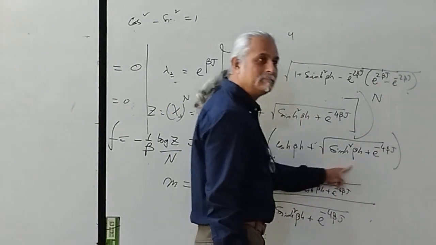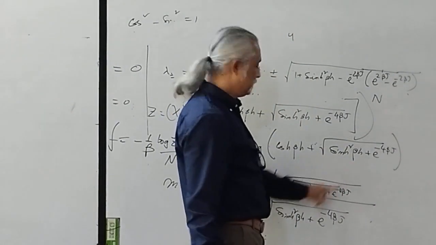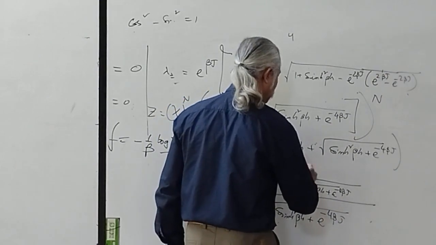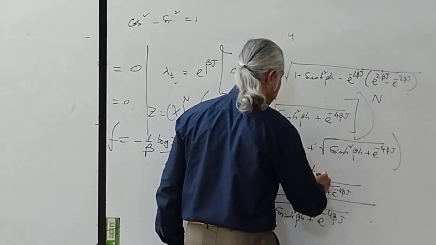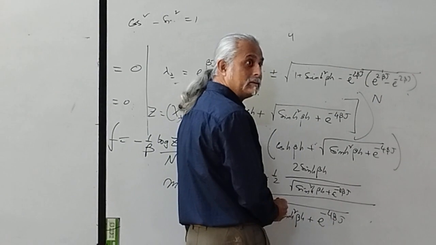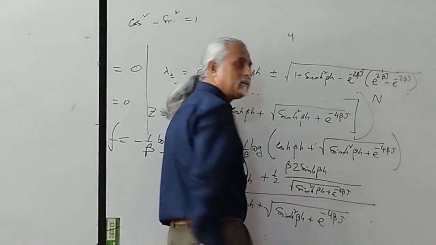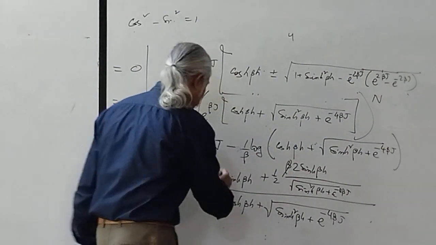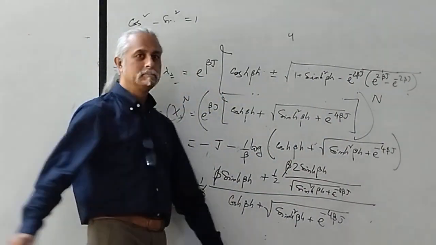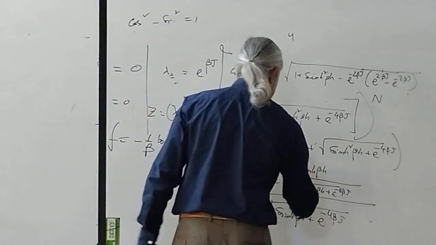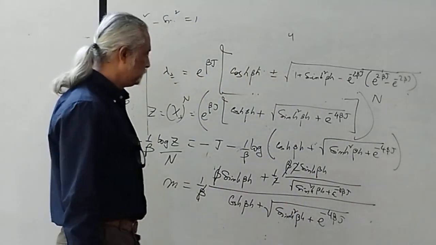The derivative of this is 2 sin hyperbolic beta H, and beta H derivative gives a beta. So you have beta here, you have beta here, you cancel that out. You have 2 here and 2 there, it can cancel out.